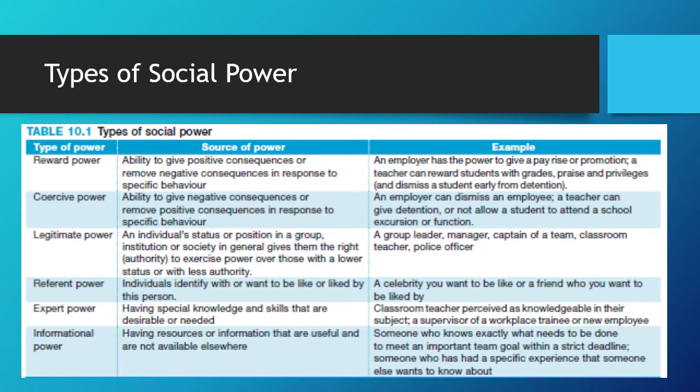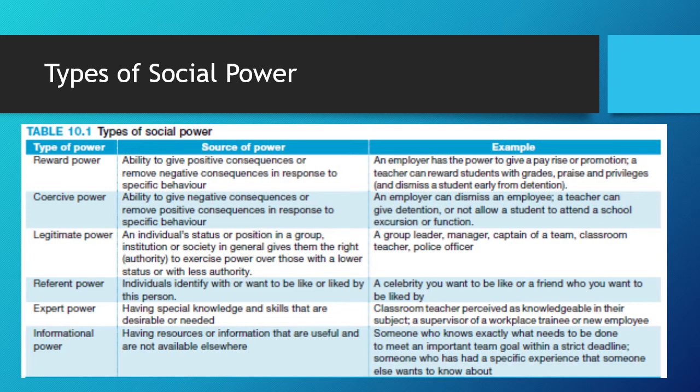Legitimate power usually has some sort of authority, and these people are known to actually exude authority. They have the right to give positive and negative consequences, and they can pretty much do whatever they want, and usually they're in a uniform.